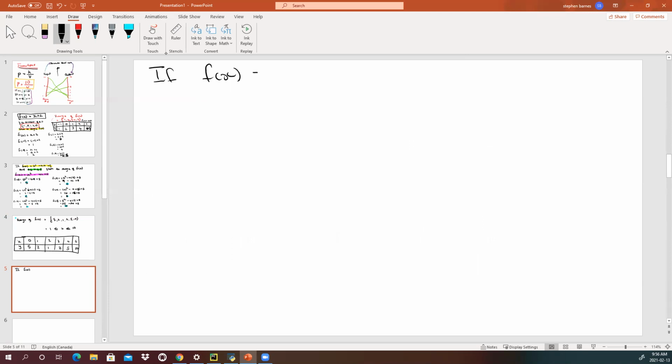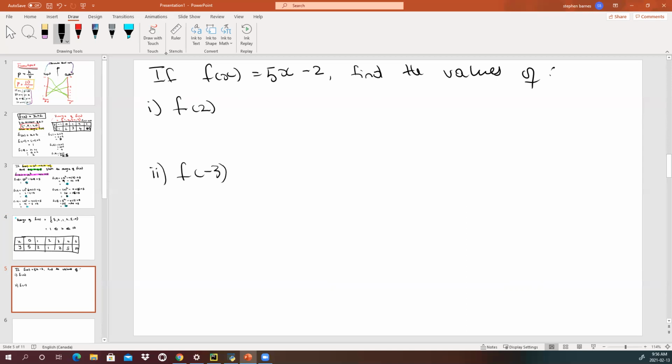If f of x is equal to 5x minus 2, go ahead and find the values for the function using those domain values, please.